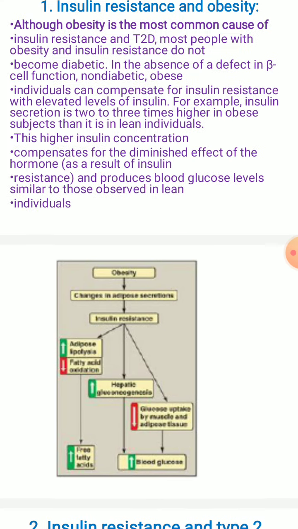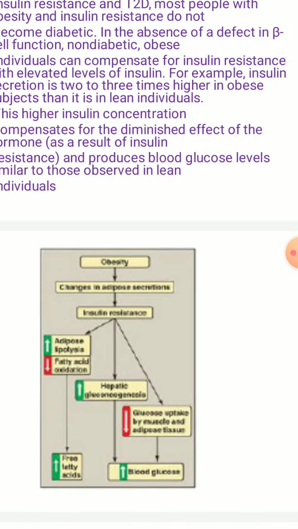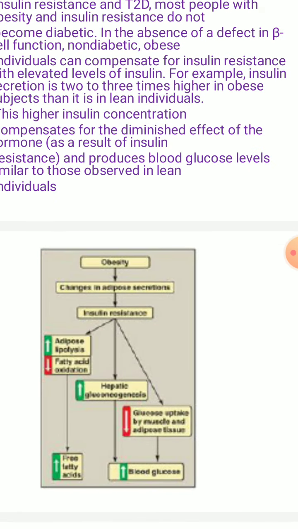So you can see here how obesity leads to changes in insulin secretion, right? You can make out what is going to happen: insulin resistance, with the production of more fatty acids.